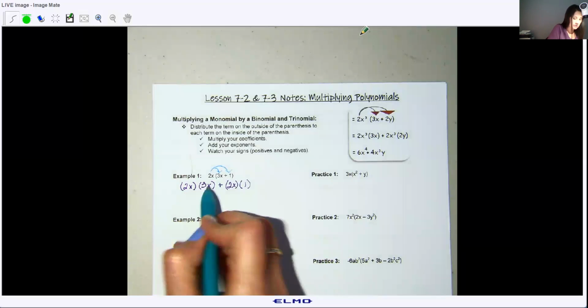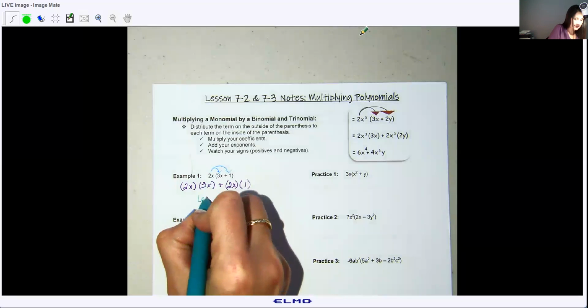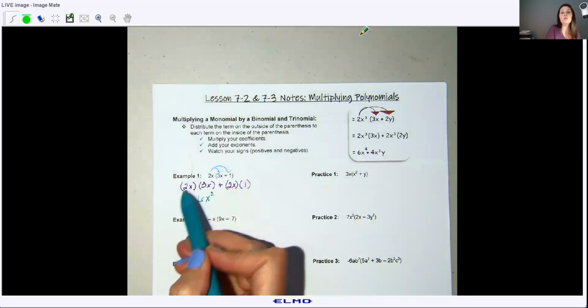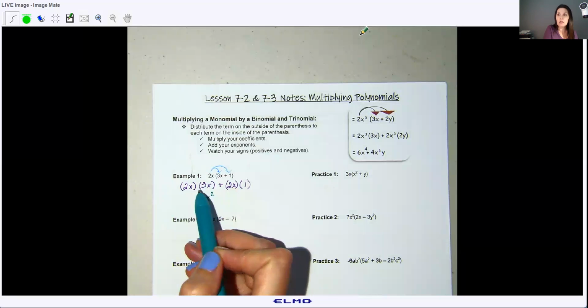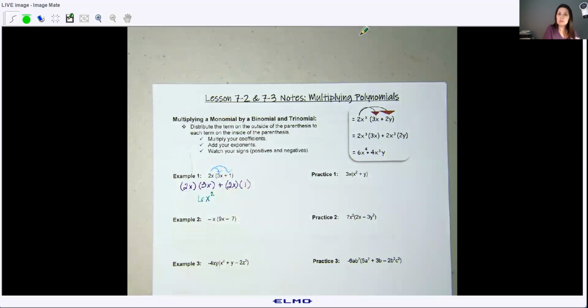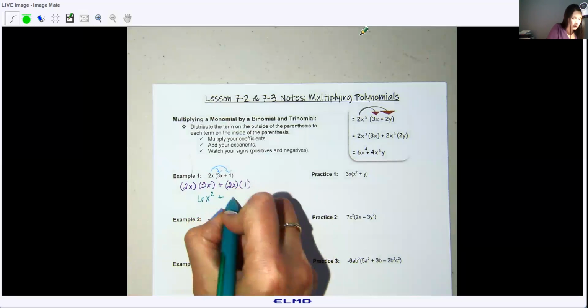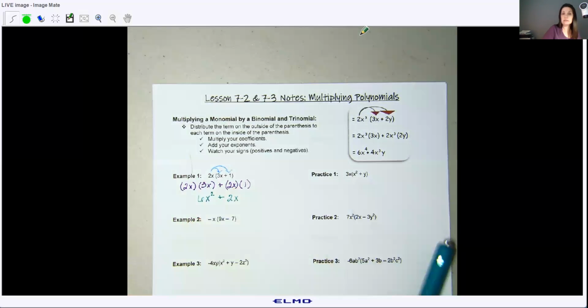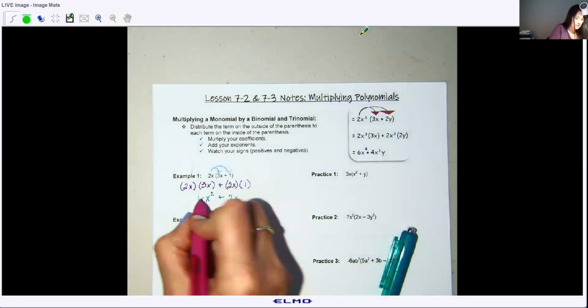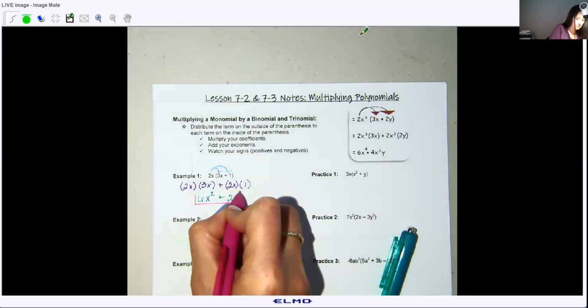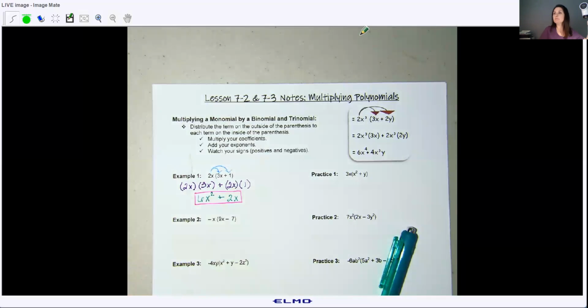So 2x times 3x is going to give me 6x squared. Remember that when you multiply with variables and exponents that you add those exponents together. And then 2x times 1 is just 2x. And that is the first answer.